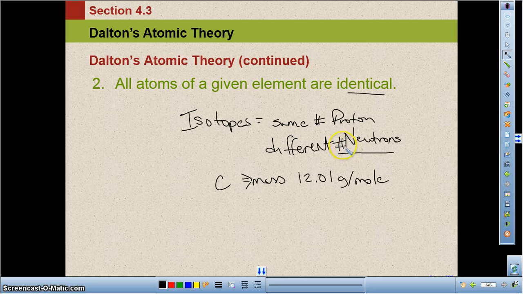However, what that means is we have some carbon atoms that have a mass of 12, and some that have a mass of 13, and some that have a mass of 14. The average is 12.01. So not all atoms of all elements are identical because isotopes exist, and they didn't know that before. Mr. Dalton didn't know that.